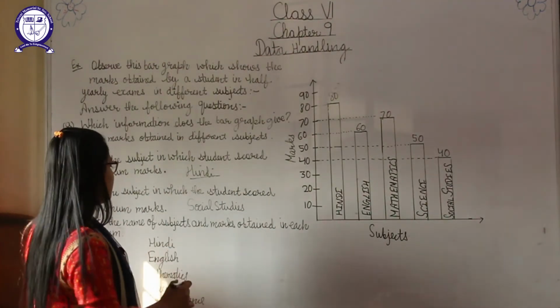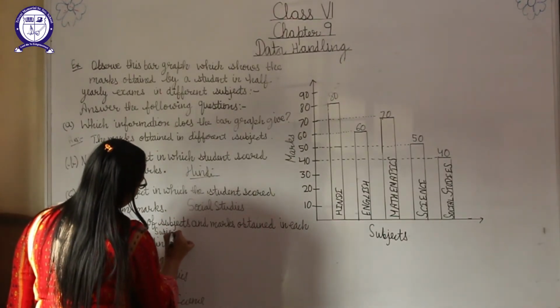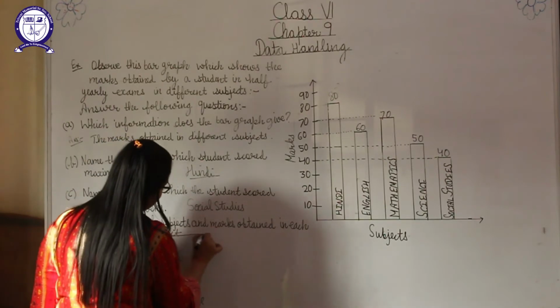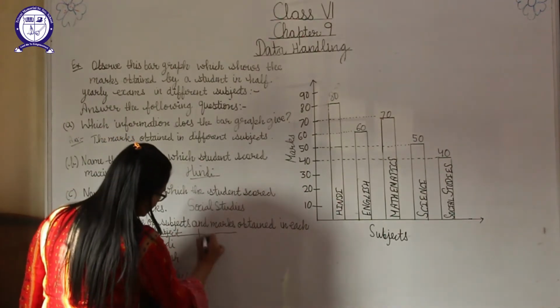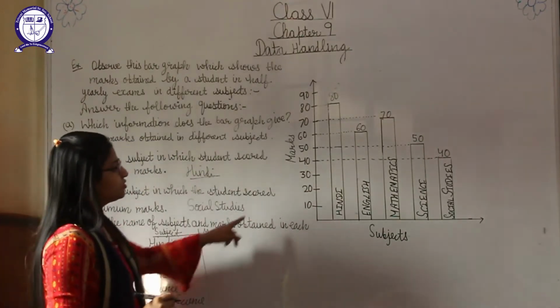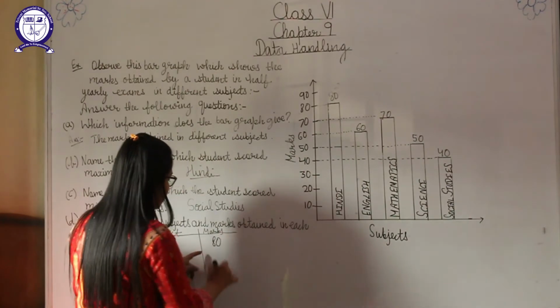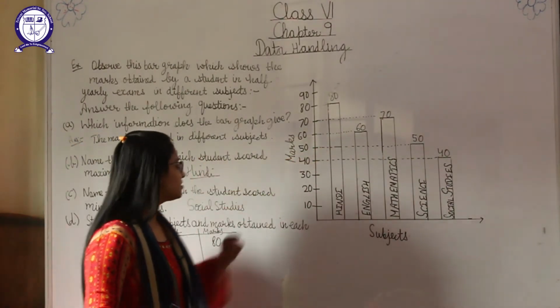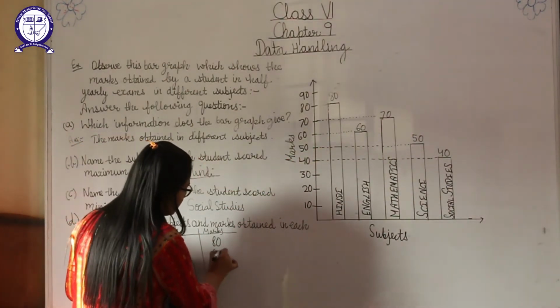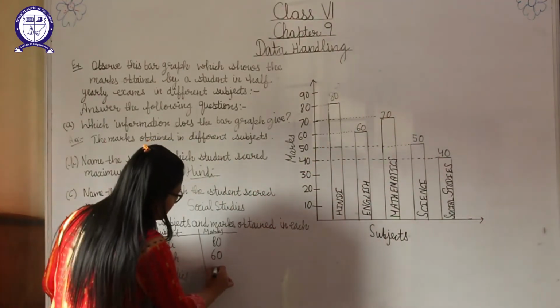So in Hindi, students, you can write a table also. How can you make the table? You will write Subject in one heading and Marks in the other heading. Then you will write, in Hindi the student scored 80 marks, so we will write 80 here. In English 60 marks, so we will write 60 here. In Maths 70 marks, so we will write 70 here.